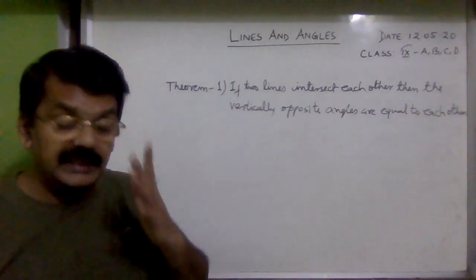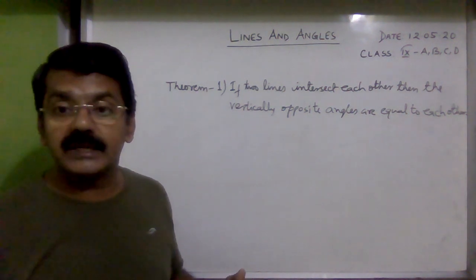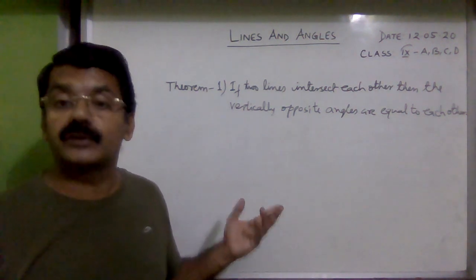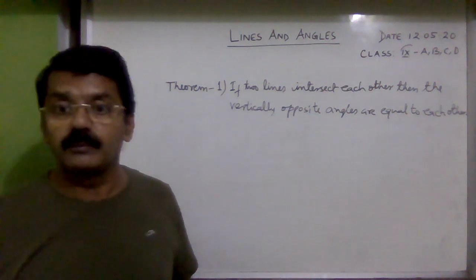Now, in an axiom, no proving is required, but that is not true in case of a theorem. In a theorem, you have to prove it.